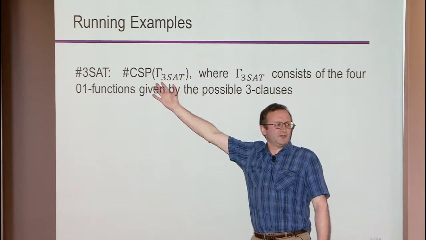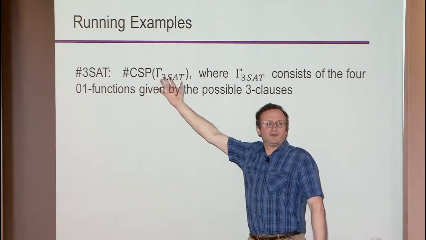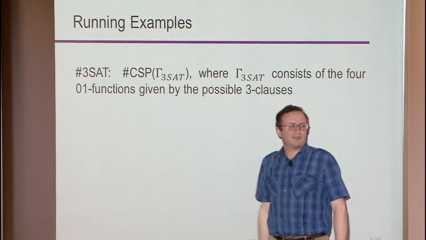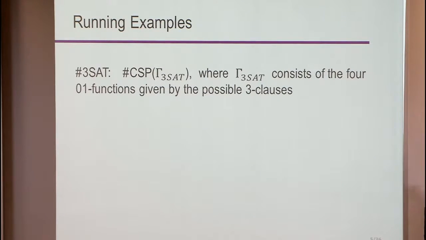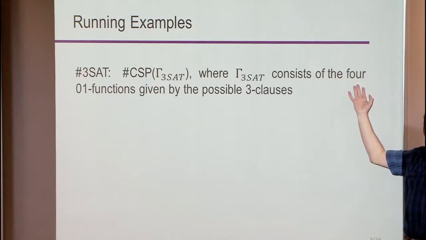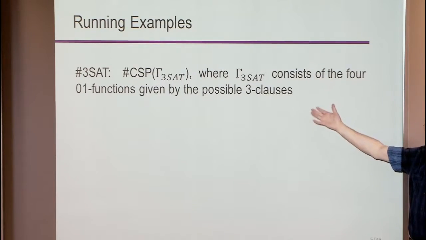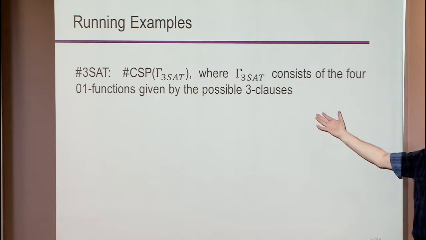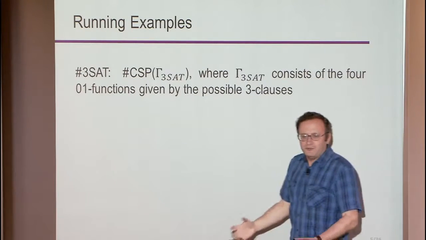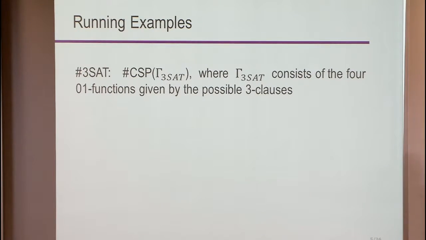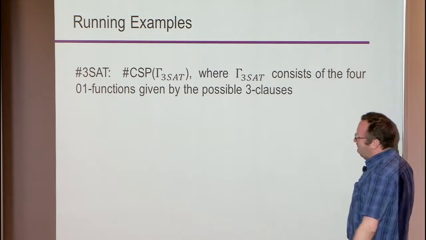It is equivalent to counting CSP of some constraint language, where this constraint language consists of the 4 zero-one functions that encode the four possible 3-clauses. Two are sufficient. Well, we don't have to be very mean in that sense. Four is okay.